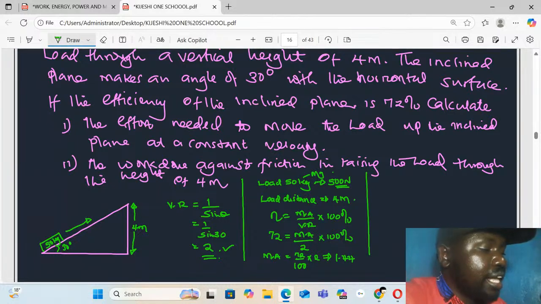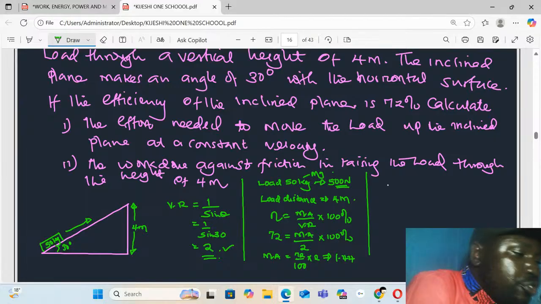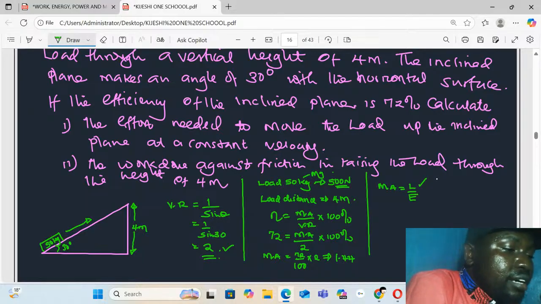So if the mechanical advantage is 1.44, then mechanical advantage is given by the load over the effort. The load comes from the weight, which is mg. We have 50 kilograms times 10, arriving at 500 newtons.